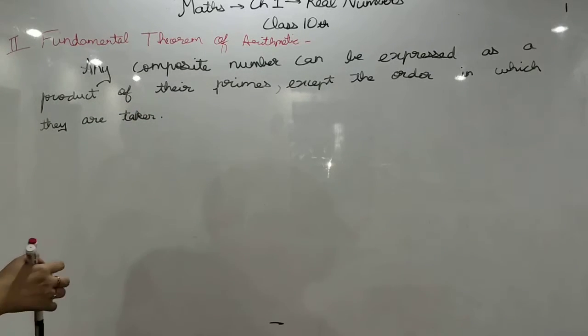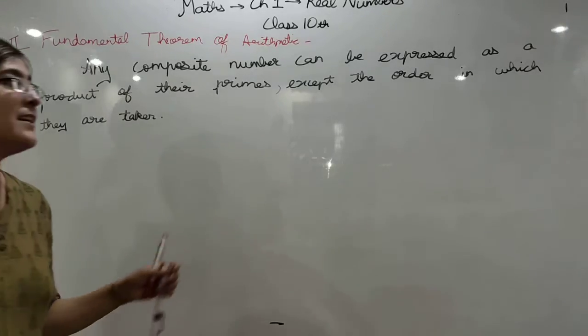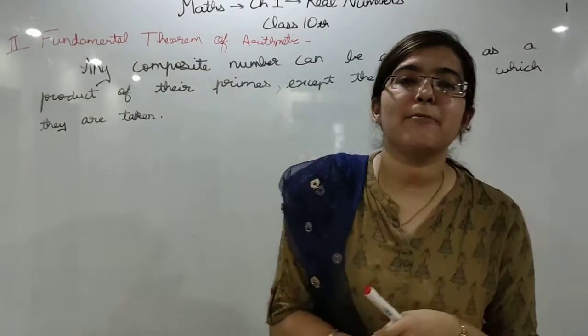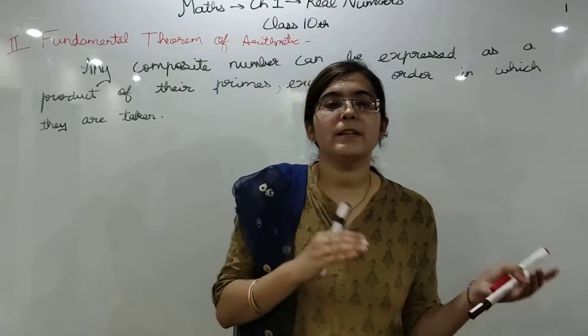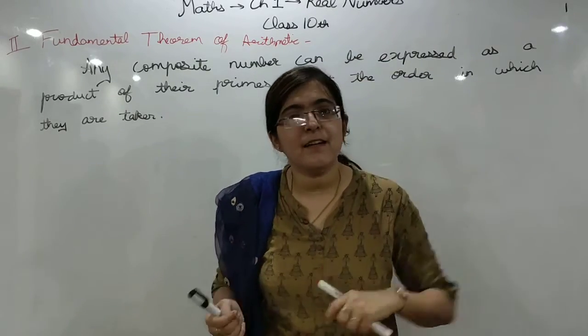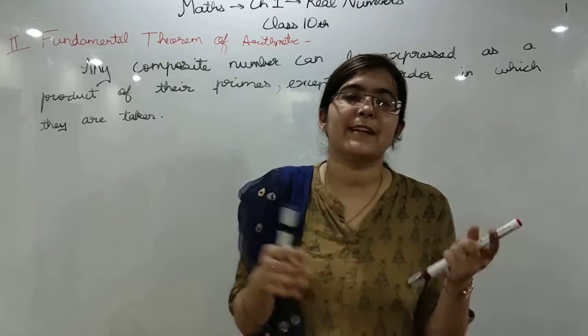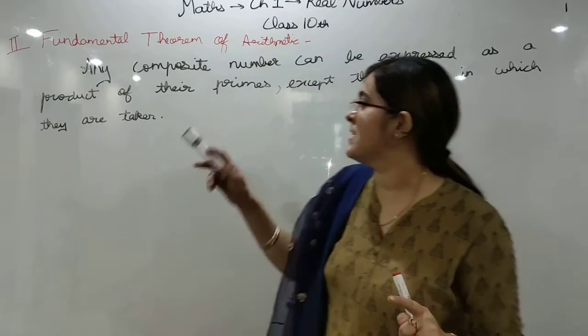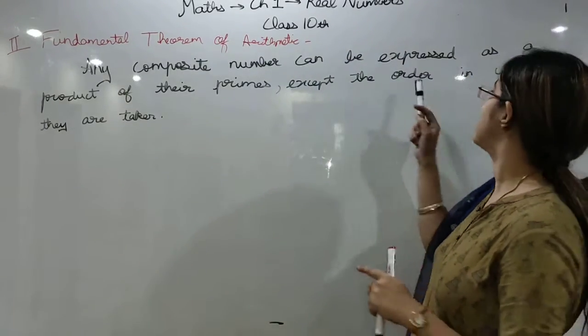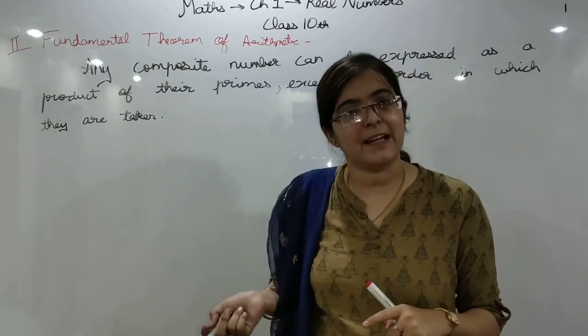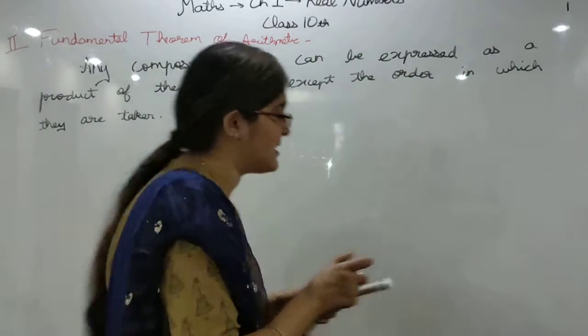What it is saying is that the order doesn't matter. If I say 2 into 3, that is correct. If I say 3 into 2, that is also correct. Clear?